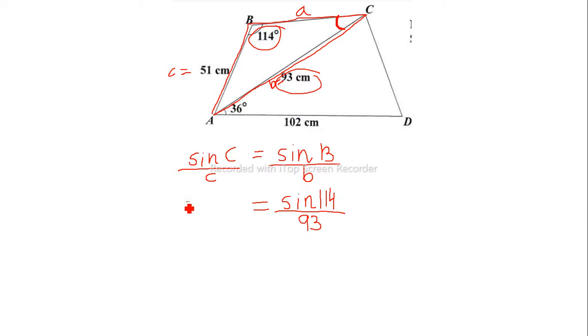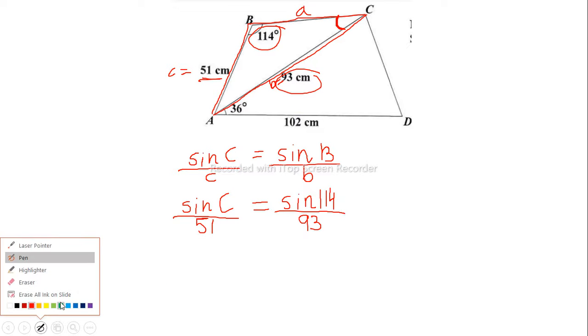Then we have sine C. Well, we don't know what C is, that's what we're trying to find, right? So we'll leave it as sine C divided by small c, which is what? 51. Good.